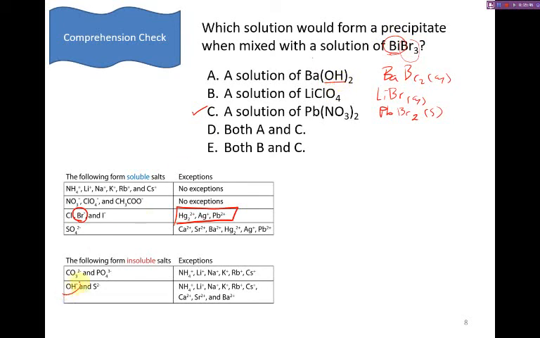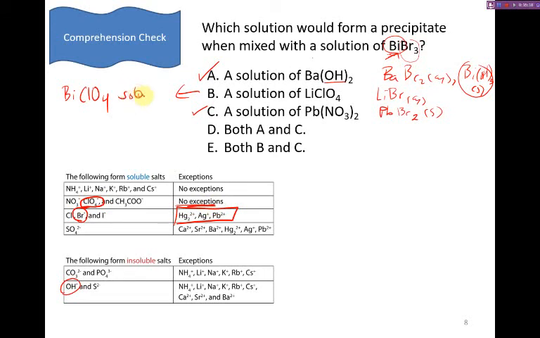Hydroxides are generally insoluble, except with alkali metals, ammonium, and some of the alkaline earth metals. Since bismuth is not in that category, bismuth hydroxide is going to be a solid. And then when we look here, if we look at bismuth perchlorate, we see that perchlorates are always soluble, no exceptions.